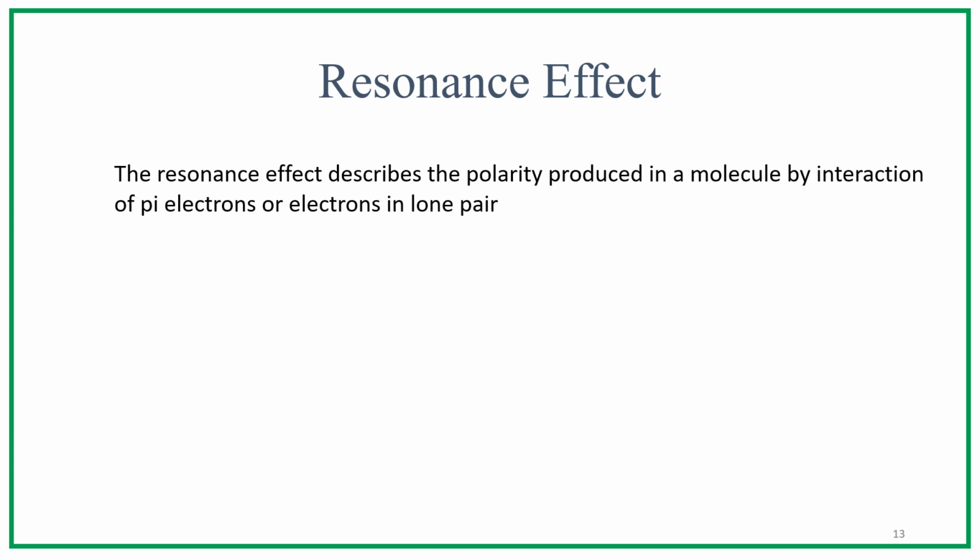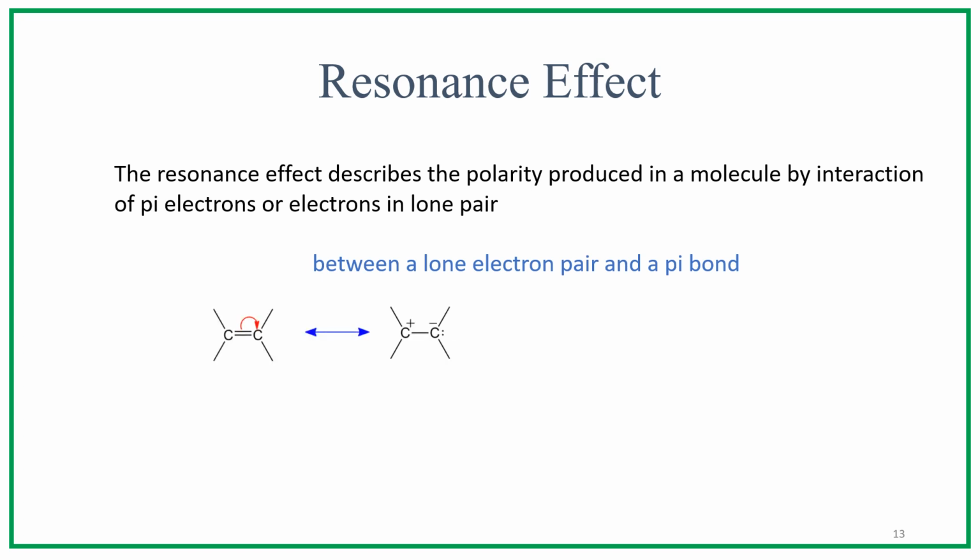Next important effect is called resonance effect. Here the resonance effect describes the polarity produced in a molecule by interaction of pi electrons or electrons in lone pairs. Here it is between a lone electron pair and a pi bond. We can write down this kind of example.